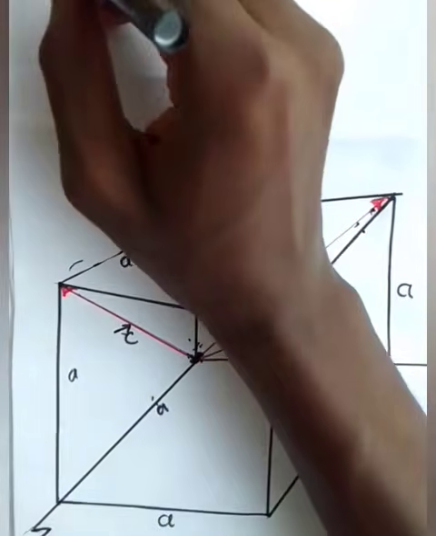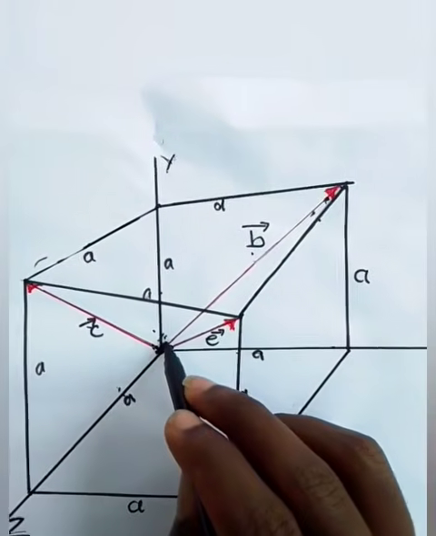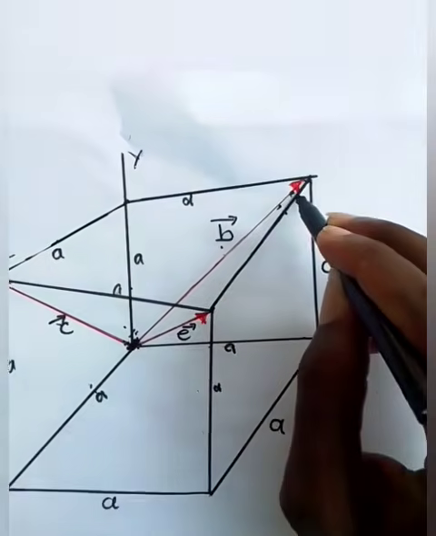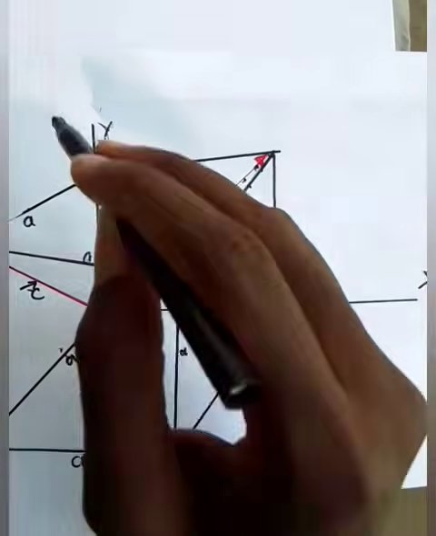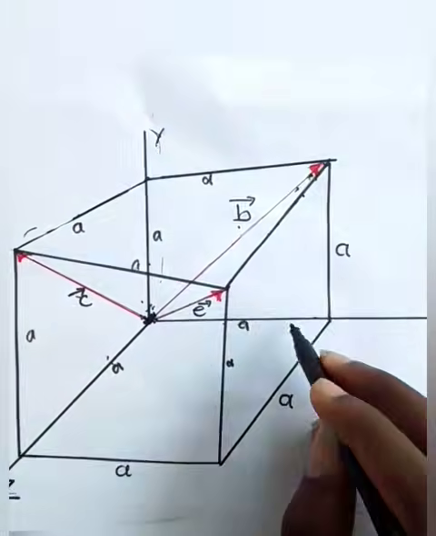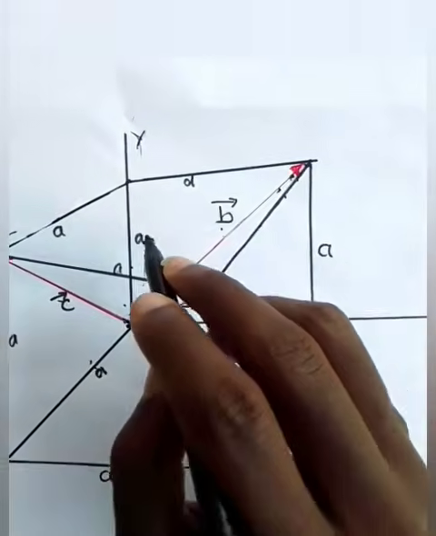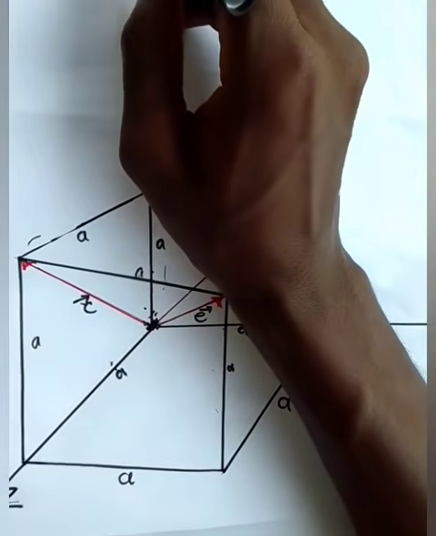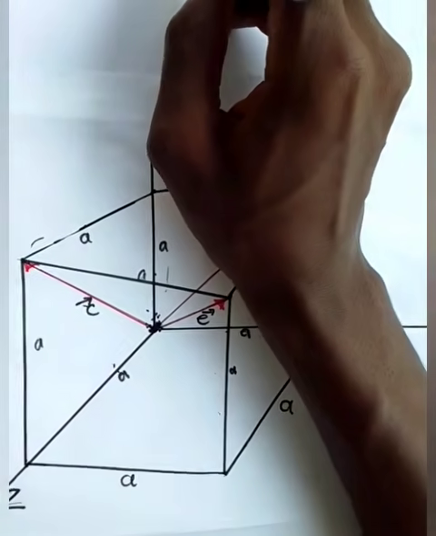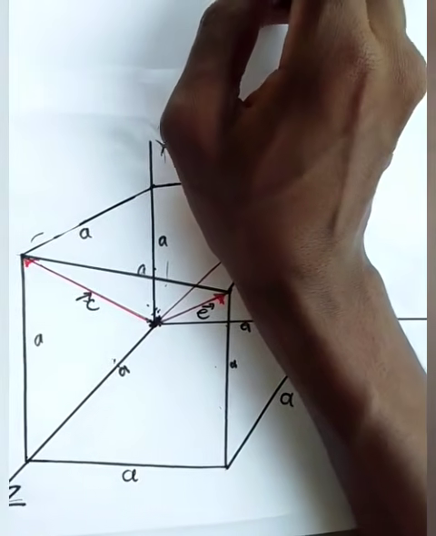So let's start with vector B, moving from this point to this point, only utilizing the Y and the X axes. Now, remember the notation Ai plus Bj plus Ck.